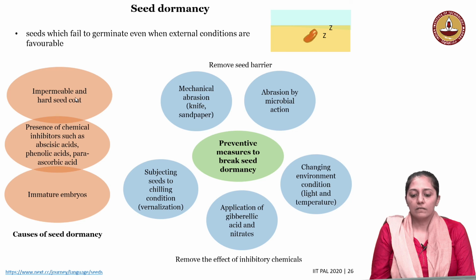That is done by subjecting the seeds to chilling conditions, which we have learnt is called vernalization, or by application of antagonistic compounds like gibberellic acids or nitrates, or changing the environmental conditions like that of light and temperature, the photoperiodic response.